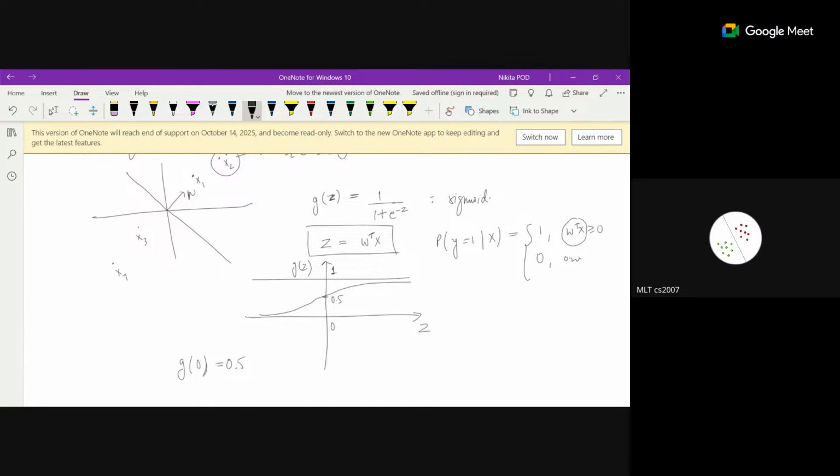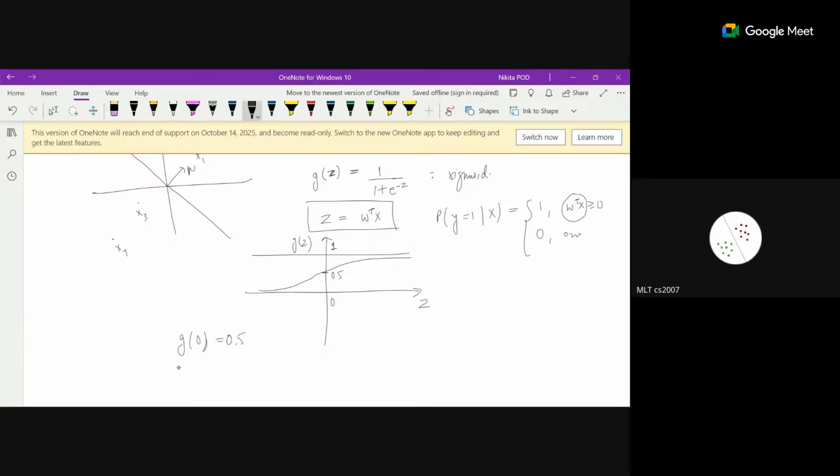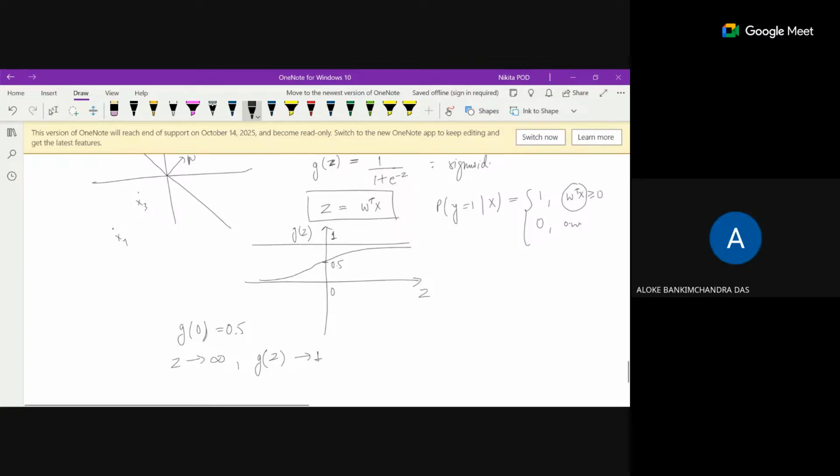Meaning that if W transpose X, which is Z, is 0, this point has an equal chance of going to any of the classes.